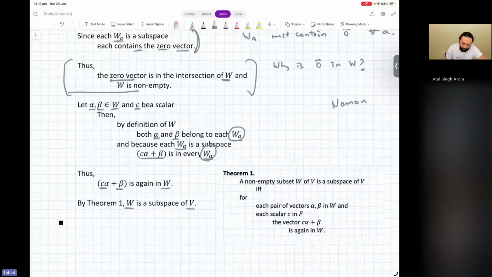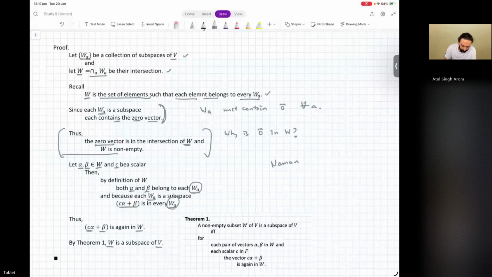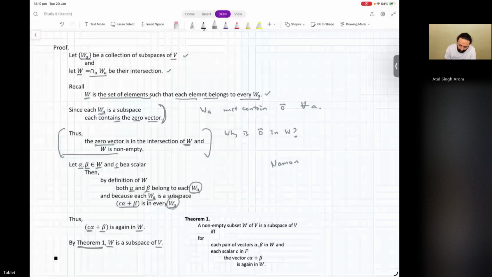So how do we see this? Why is W a subspace of V given everything? Basically, as it's in each W_A, we are just taking the intersection.